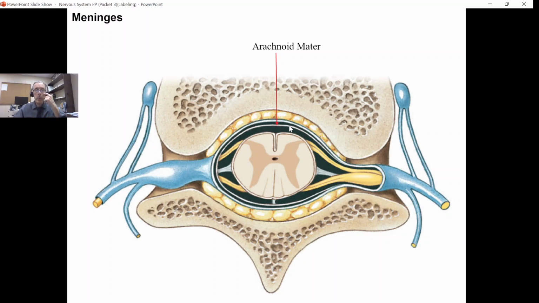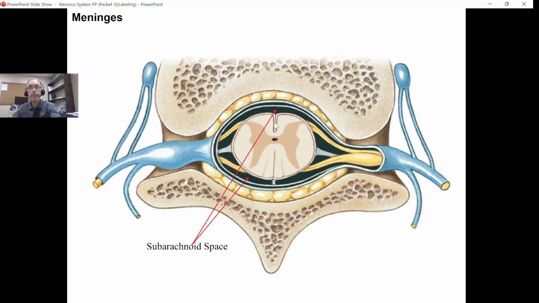Now, just under the arachnoid, there's a big space here. You can see all of this, it goes all the way around here. All of this blackish area right there is the subarachnoid space. Again, sub means below, below the arachnoid. I have it labeled here for you.